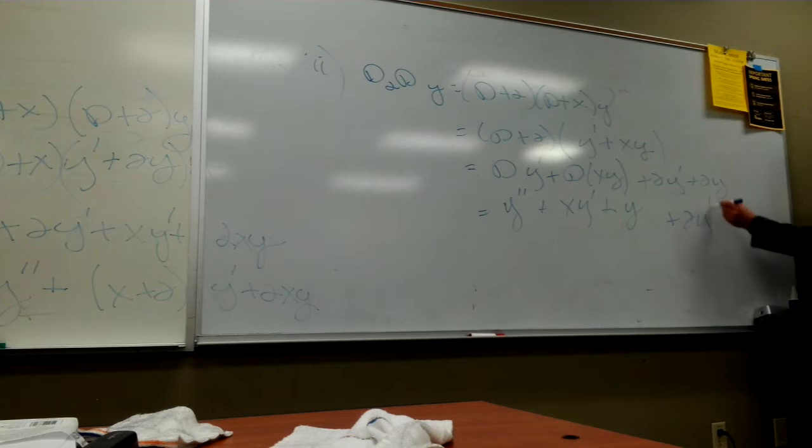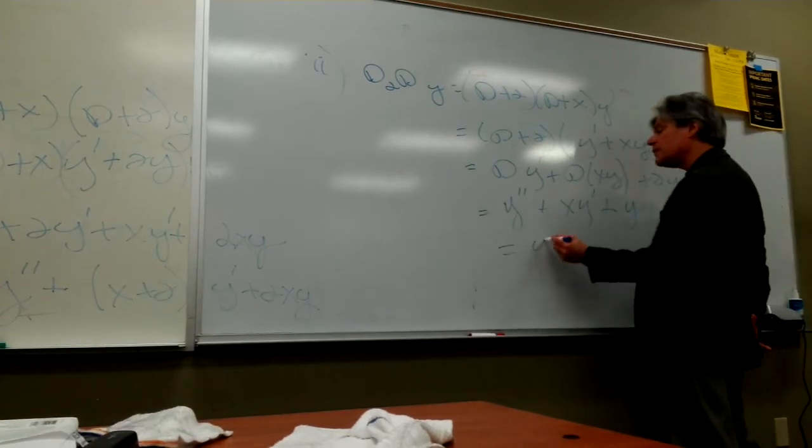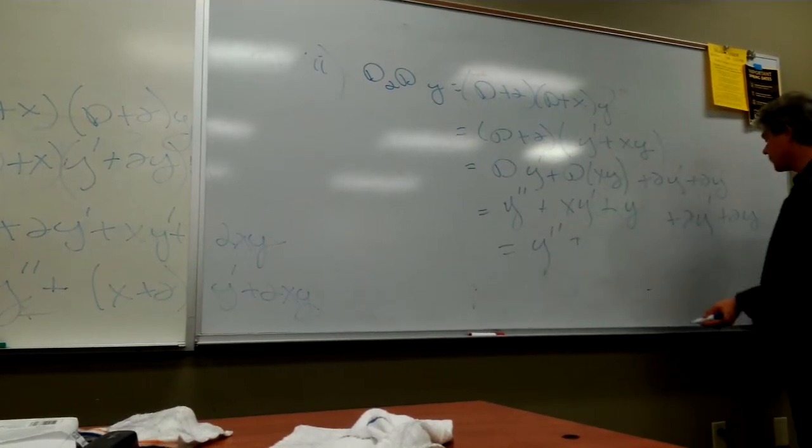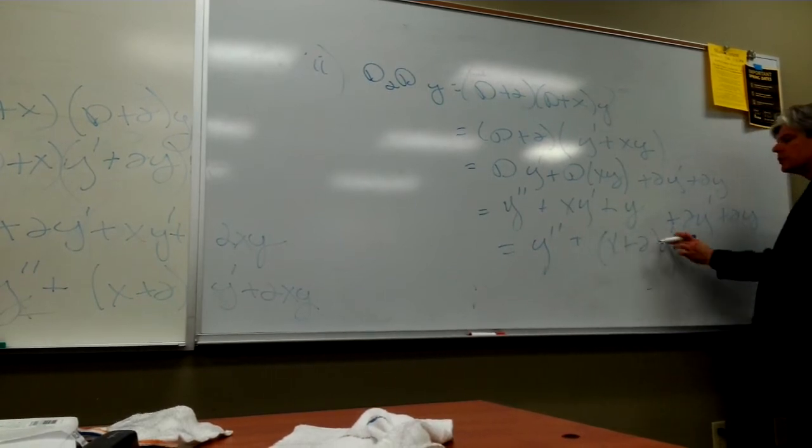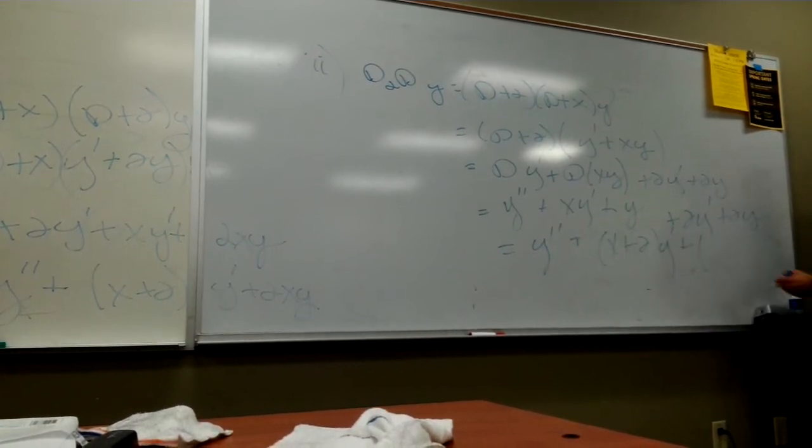Plus my 2y prime, plus 2y. However, that's going to leave me with my y double prime plus something times y prime, namely, is that an x plus 2? Is that going to be plus a 3y?